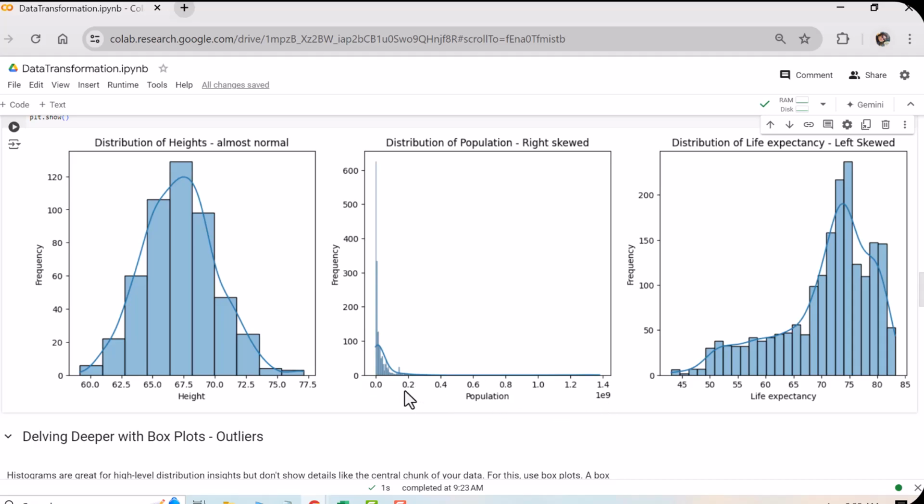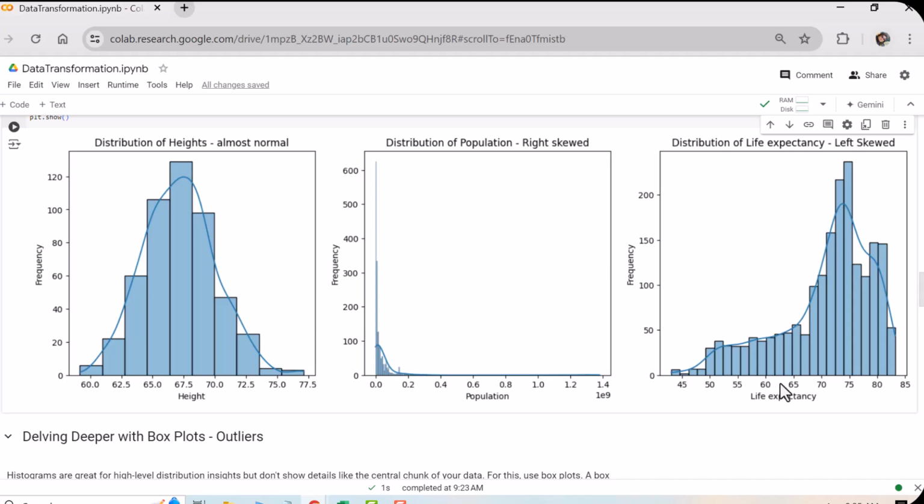So most of the countries have population within this range, while very few countries have a very high population. This positively skewed data is also available in many real life scenarios, like salary, where most of the salaries lie within a particular range, but some of the salaries are very high, and those are outliers.